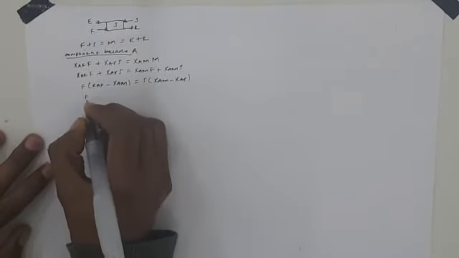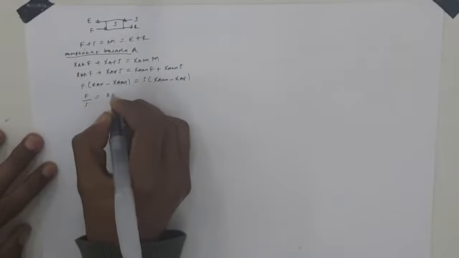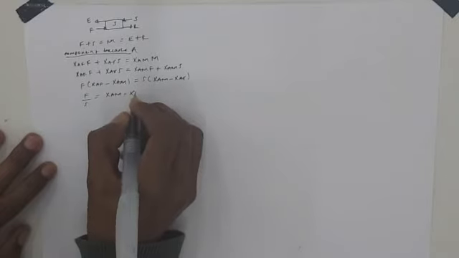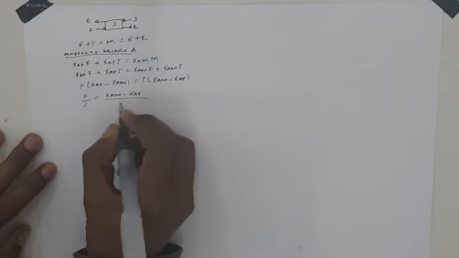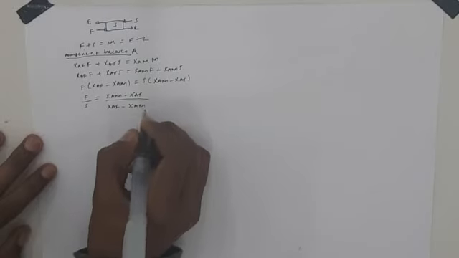So if you have the ratio F over S, which is XAM minus XAS over XAF minus XAM.